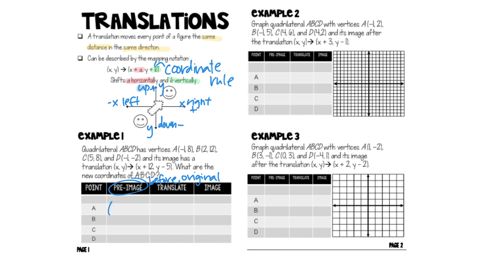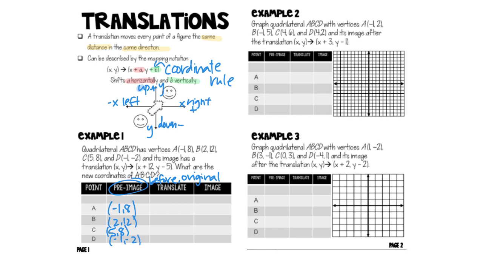So A is -1, 8, B is 2, 12, C is 5, 8, and D is -1, -2.